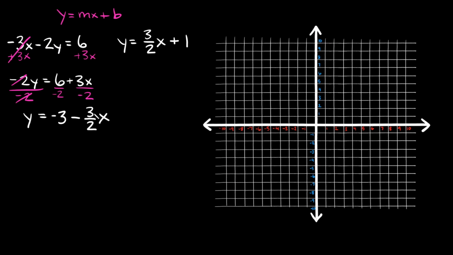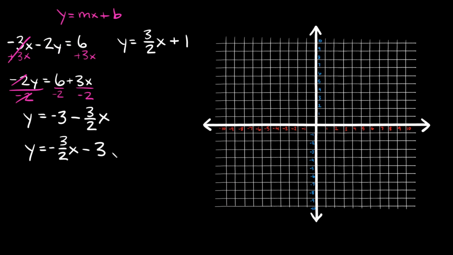Now, this is almost in slope-intercept form, but as you can see, we have to put the term with the x first, and then we put the number at the end. So we just have to flip these. So this is going to be y is equal to negative 3/2 x, and then we'll put this minus 3 at the end. Okay, cool.